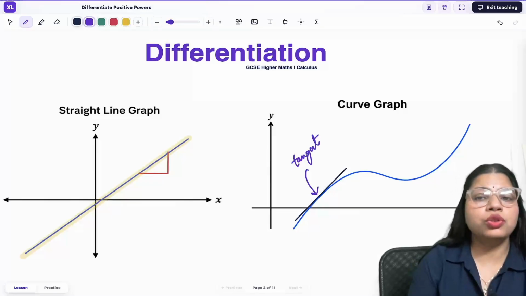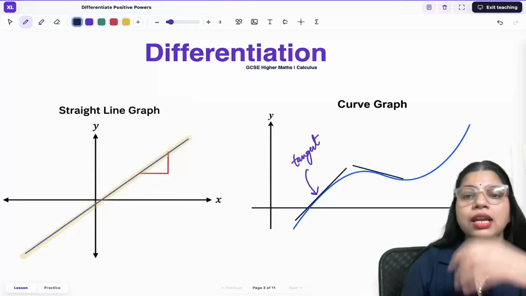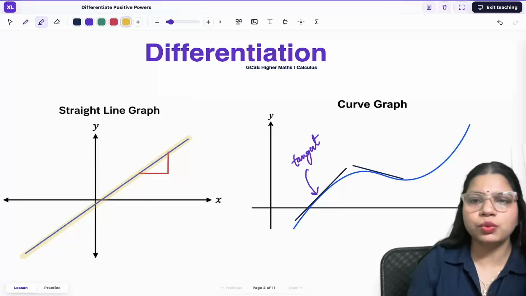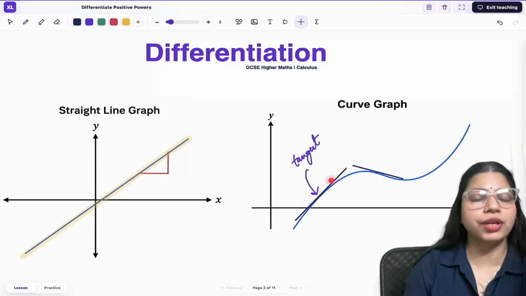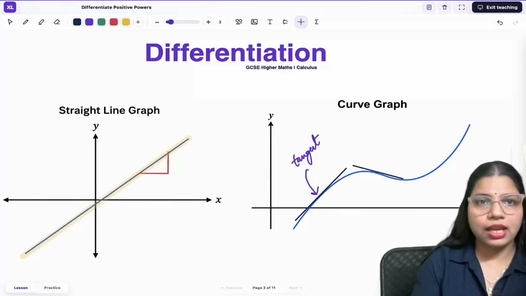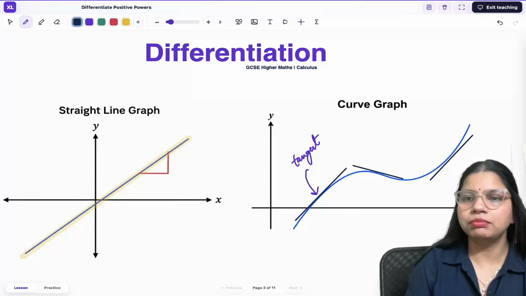And you need to draw loads of tangents here because every different point actually has a different gradient and the nature changes. The first one, if I show you this one, has a positive gradient, whereas the other one has a negative gradient, and it goes positive again. See?